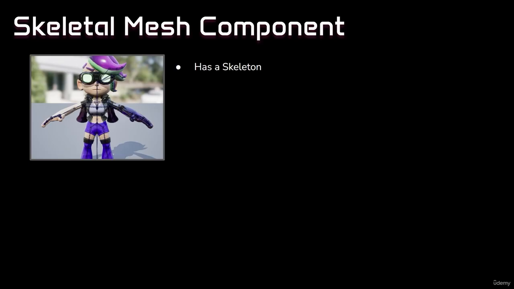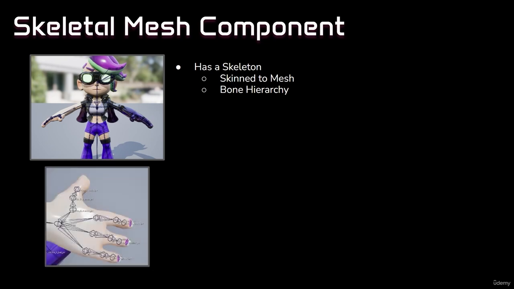Each bone is skinned to the mesh, which means that when a bone moves, some of the polygons of the mesh move with the bone, and these are arranged in a hierarchy of attachment. So one bone will be attached to another bone in a sort of parent-child hierarchy. And these bones can get quite intricate, even down to the smallest appendages such as fingers.